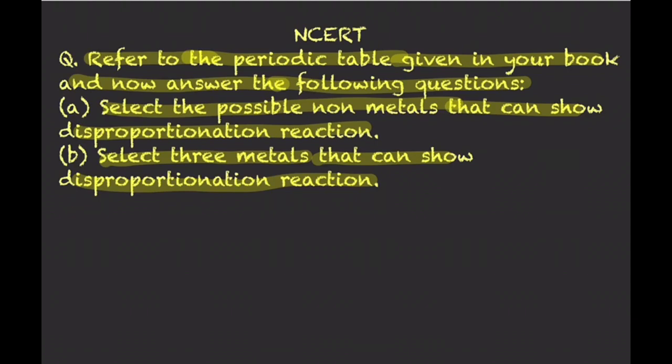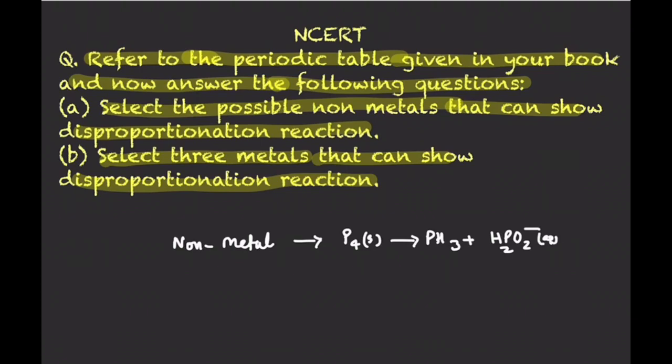The first condition for a disproportionation reaction is that the element must be present in at least 3 different oxidation states, meaning it can show variable oxidation state. Here we have discussed the non-metals. In basic medium, white phosphorus will disproportionate to give phosphine gas PH3 and hypophosphite ion, H2PO2 minus.